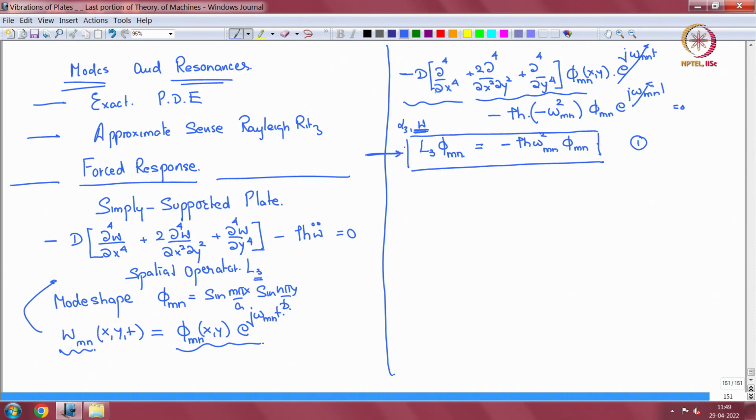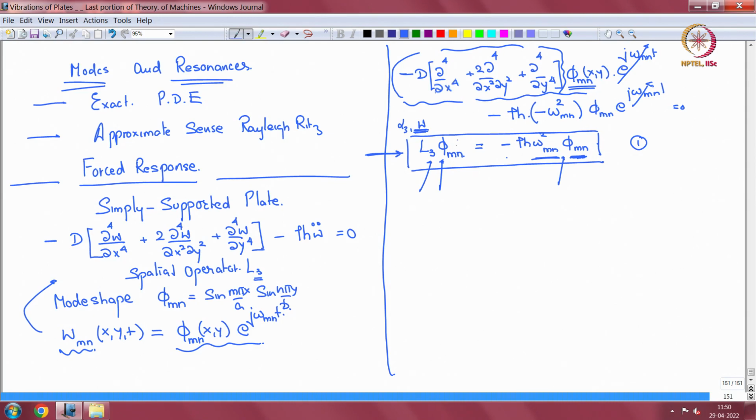The L3 operating on a mode shape, however complicated it is, and for shells it is even more complicated, is just equal to minus rho h natural frequency squared times phi mn. So whenever we find this, we are going to replace it with this, so that should be remembered.